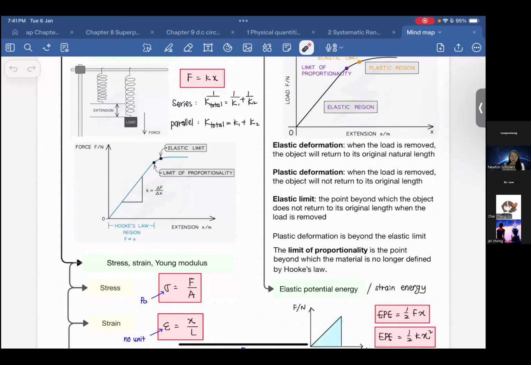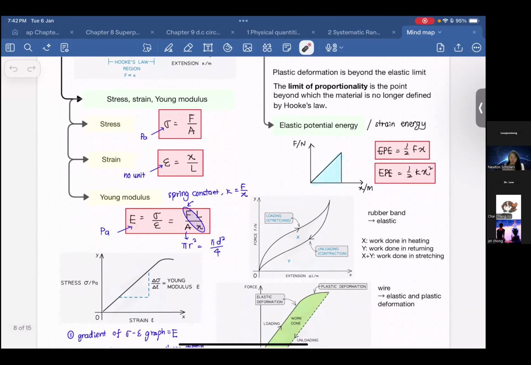If you are in year 10, we learn only limit of proportionality. In form 4 we learn about that, in form 5 we learn about elastic limit, but we never talk about them together. So most of the time in O level we think elastic limit and limit of proportionality are the same point, but no, in A level year 12 they are different. So we will learn about this.